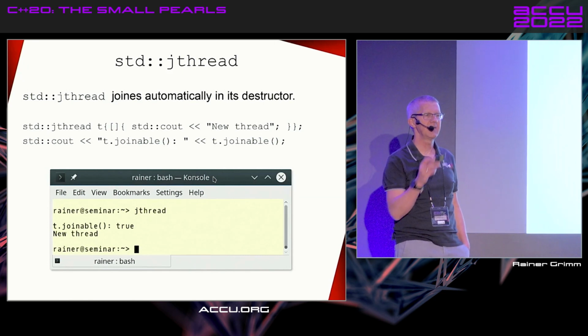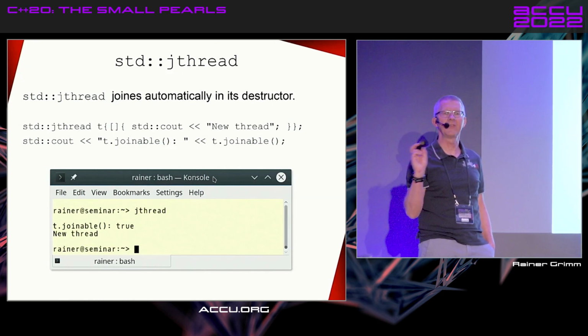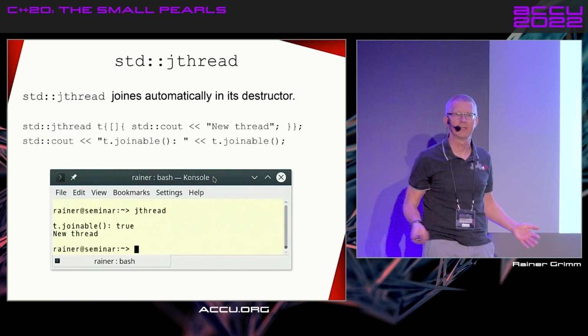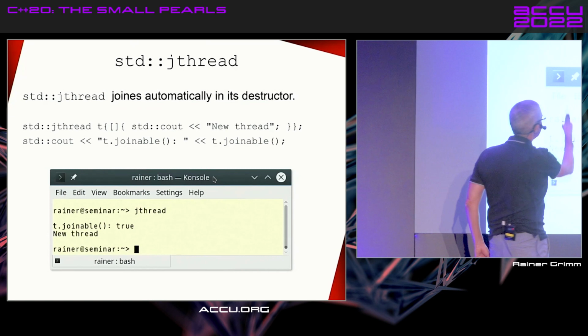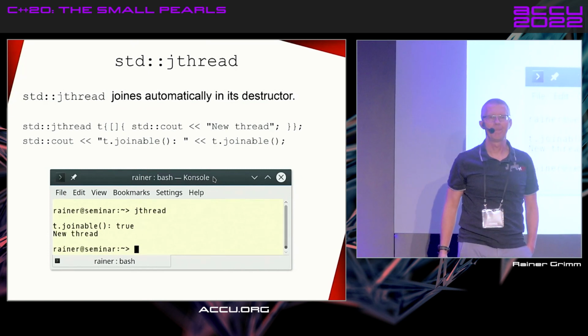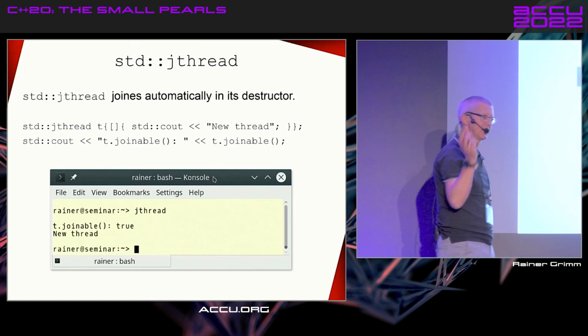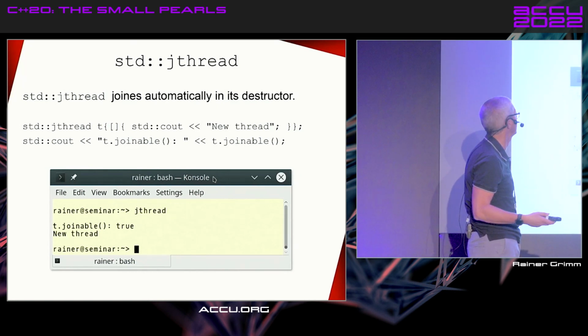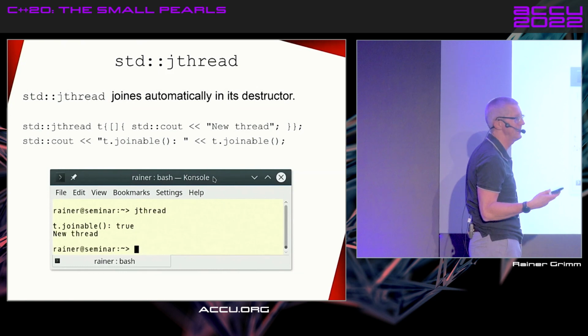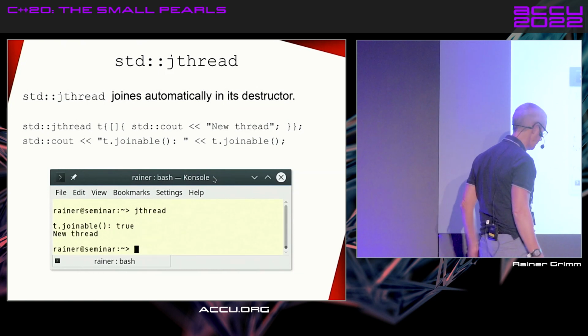In GCC, in Clang says, terminate called without an active exception. I don't know what it means anyway. And here's jthread. jthread is modeled after RAII, meaning when jthread, this is the improved thread, where j stands for joinable, it was also sometimes called ithread for interruptible, but here it stands for joinable.